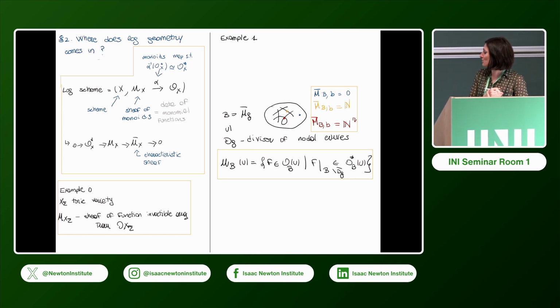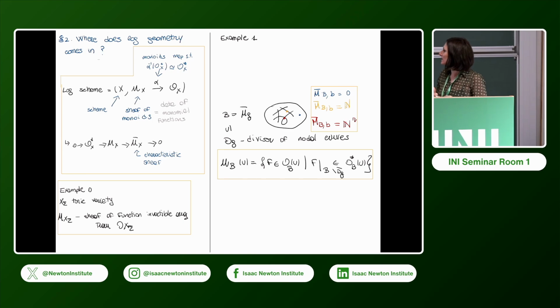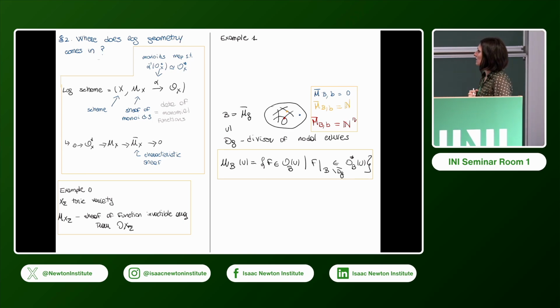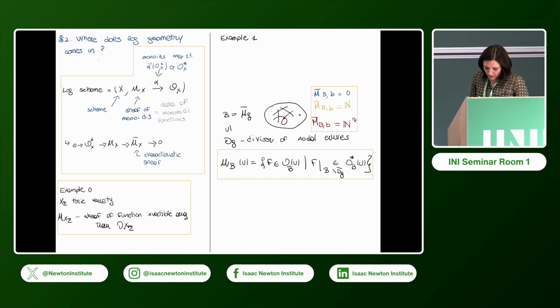So actually the definition is pretty similar to the one we gave before, except that now this is not a toric boundary. But still, we have some normal crossing divisor, and we look at the functions which are invertible away from there. And now let's think about what are these functions we are calling monomials?